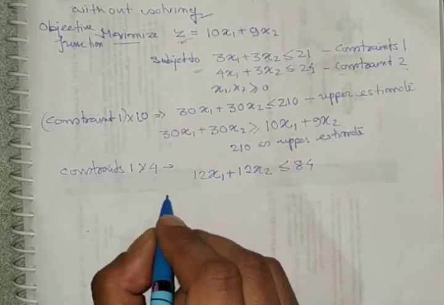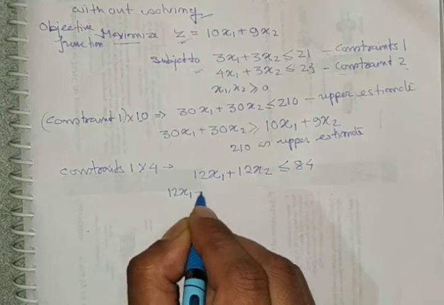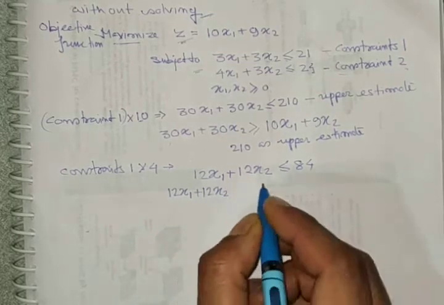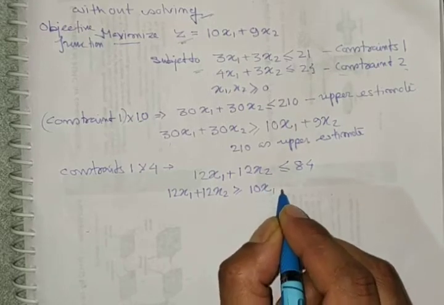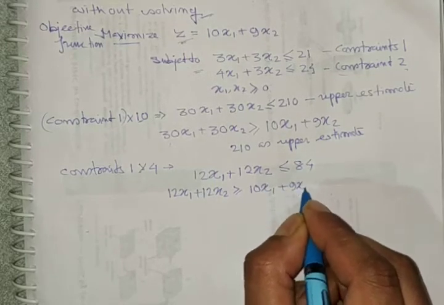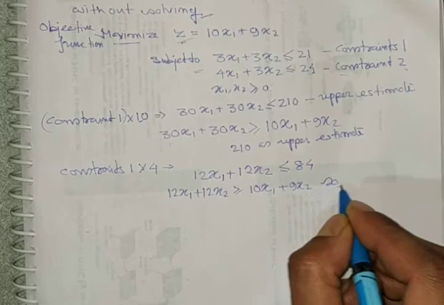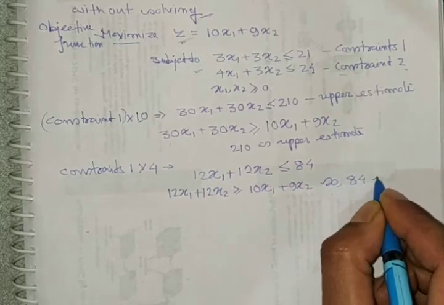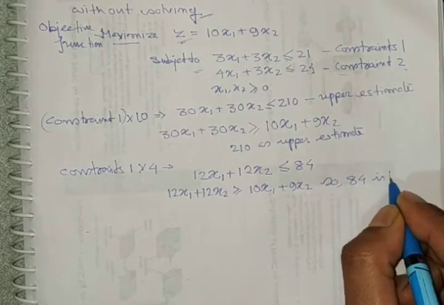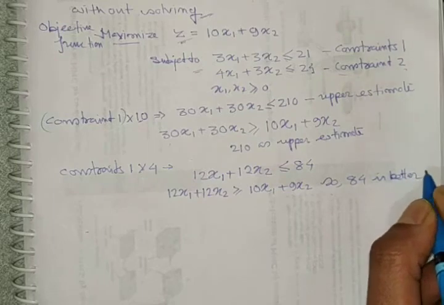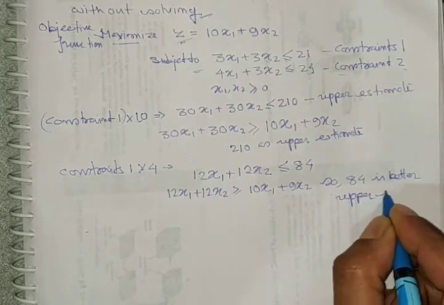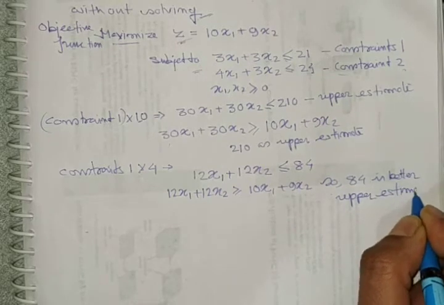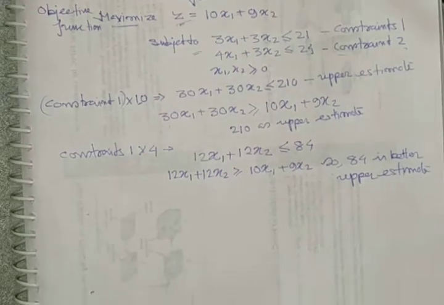Here also 12x1 plus 12x2 is greater than or equal to the objective function 10x1 plus 9x2. So we can say that 84 is a better upper estimate of this problem.